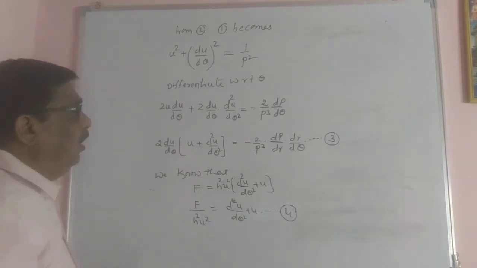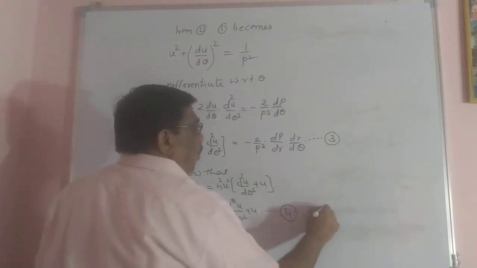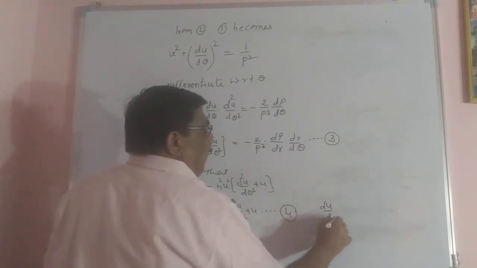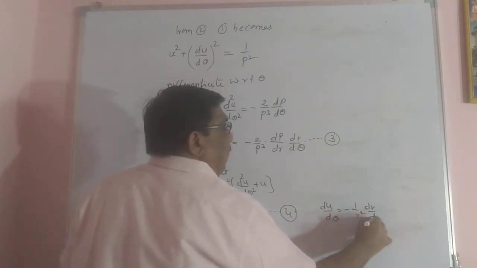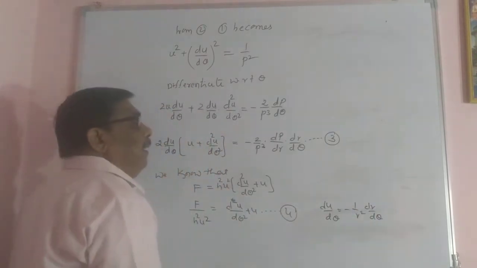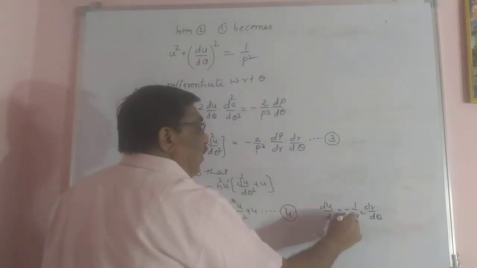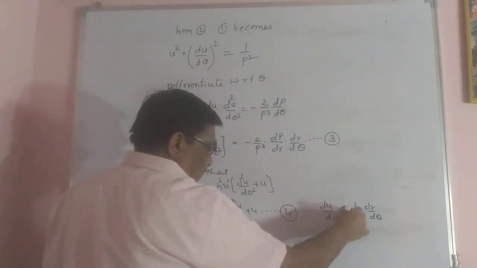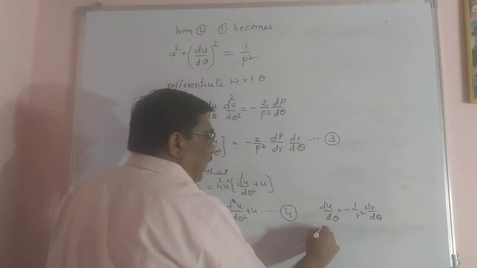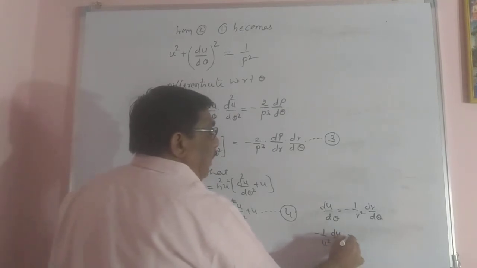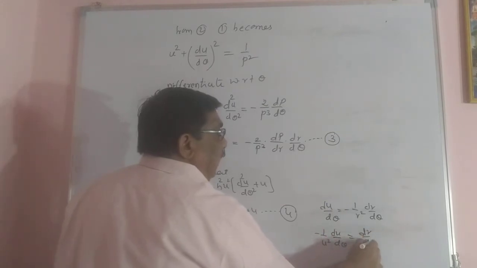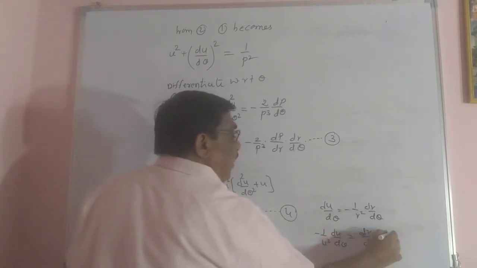And also from equation 2, du by d theta is equal to minus 1 by r square dr by d theta, and 1 by r square is u square. If you take this side, it is minus 1 by u square du by d theta equal to dr by d theta. You can call this equation 5.